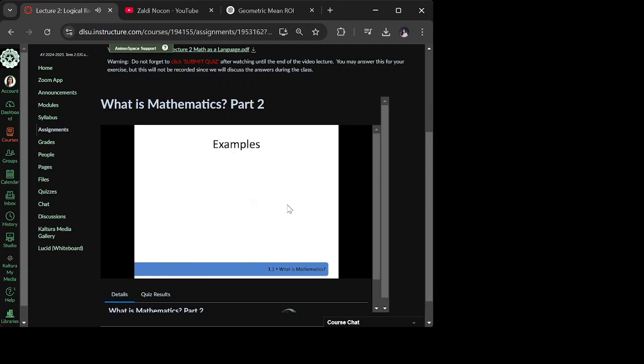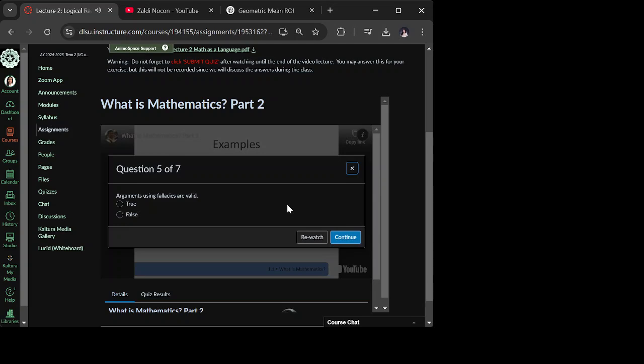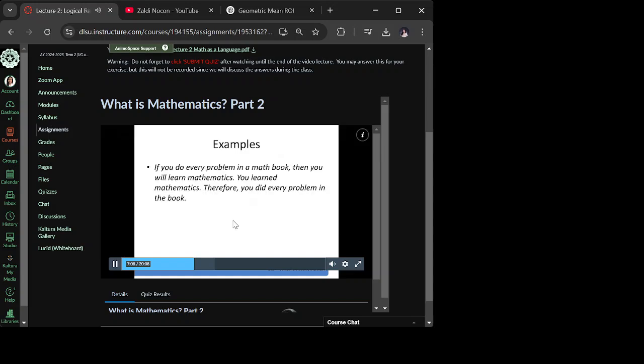Let us have some examples. If you do every problem in a math book, then you will learn mathematics.